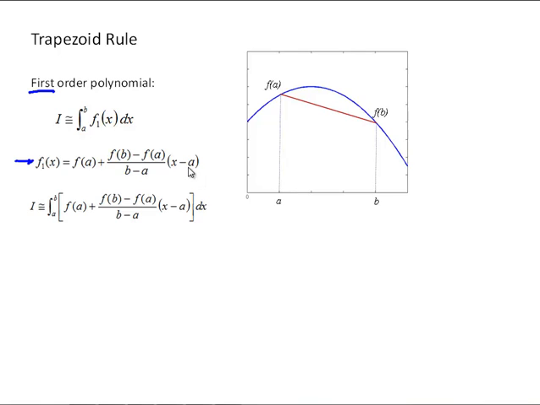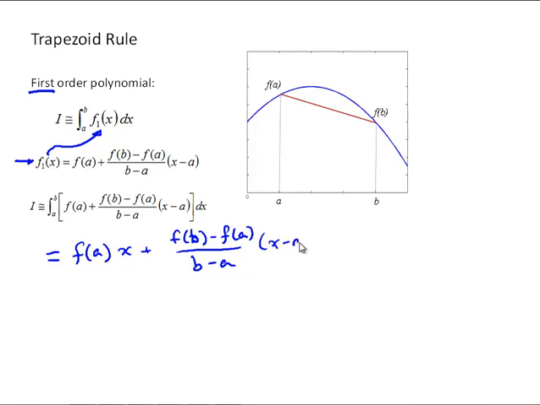To calculate the integral, we're just going to put this function in here and integrate that line from a to b. When we integrate that line from a to b, we're going to get f of a times x plus f of b minus f of a over b minus a, all times x minus a squared over 2. Then evaluating that from a to b, we'll plug in those results.